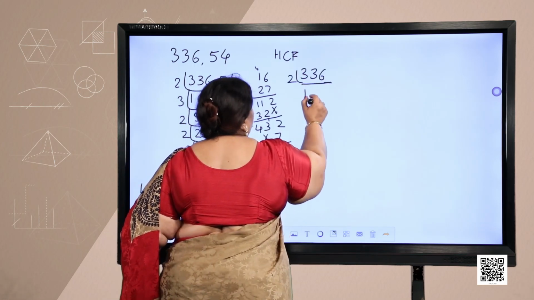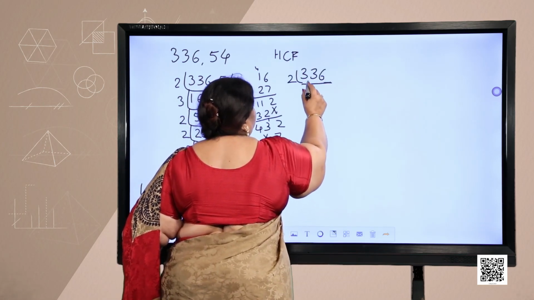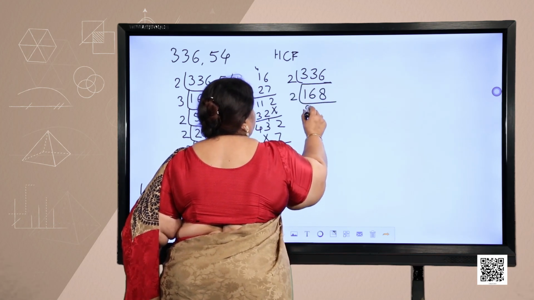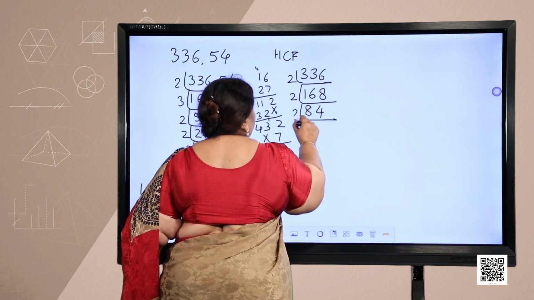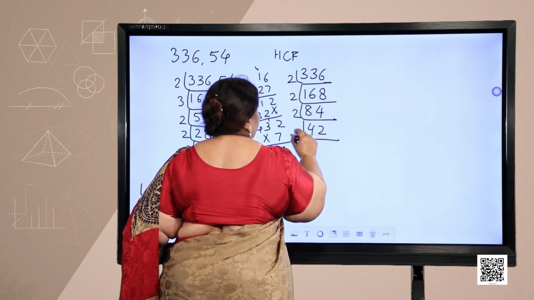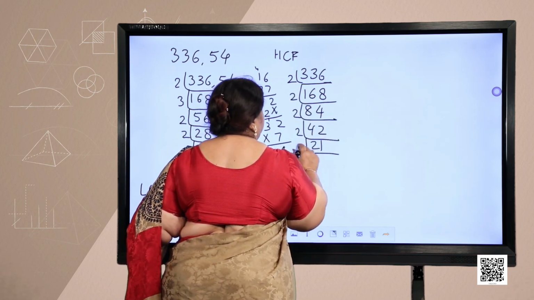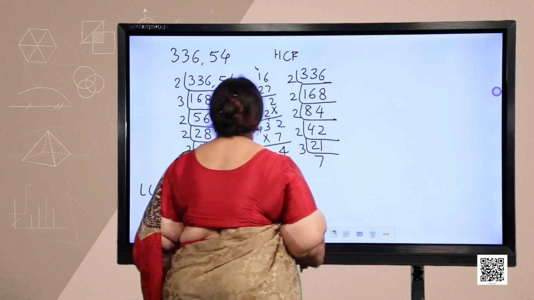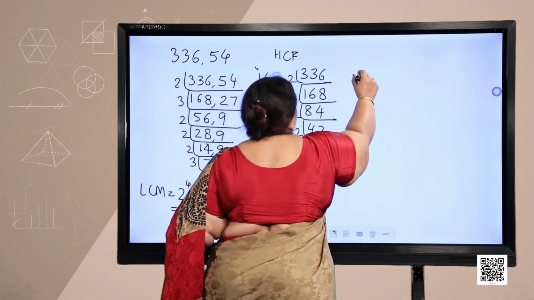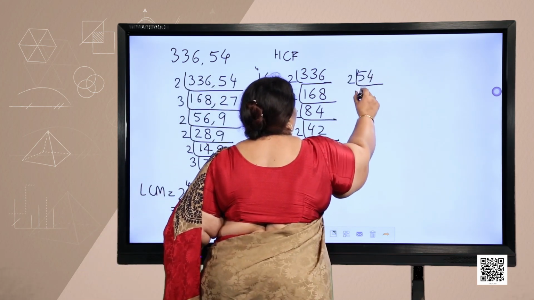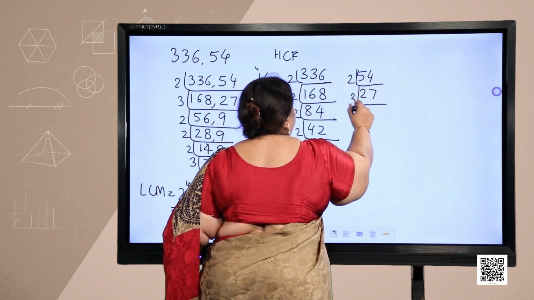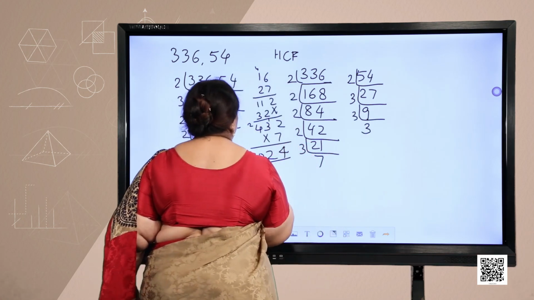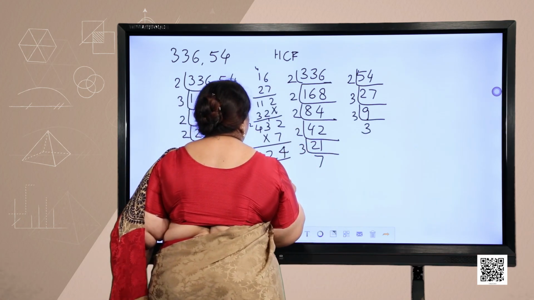Two 1s are 2, 2 6s are 12 and 2 8s are 16, 2 8s are 16 and 4, 2 42s are, 2 21s are and 3 7s are. Likewise, I have 54 here, 2 27s are, 3 9s are and 3 3s are. Let me list out the factors.